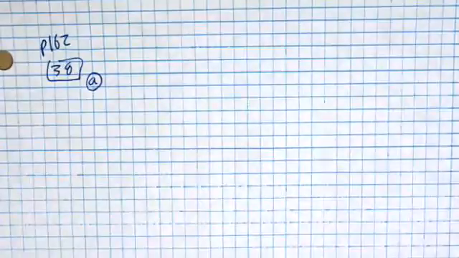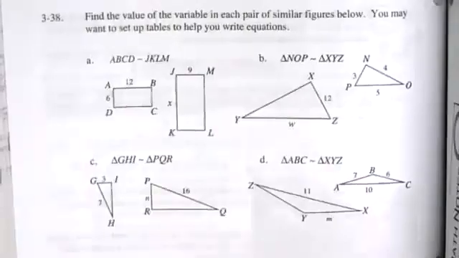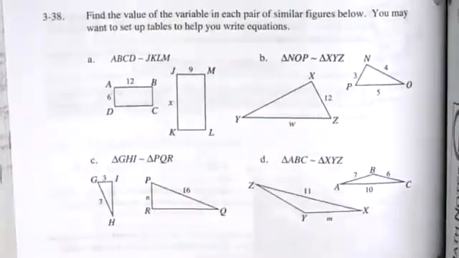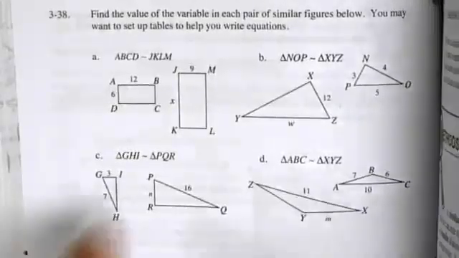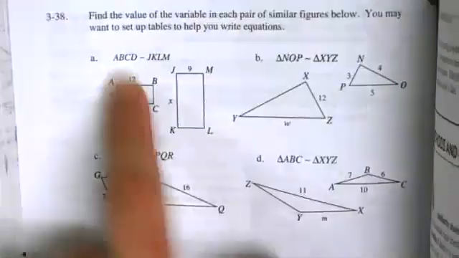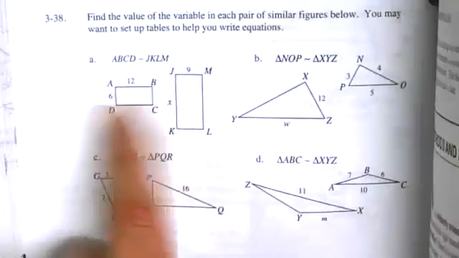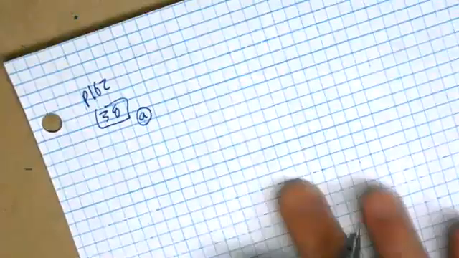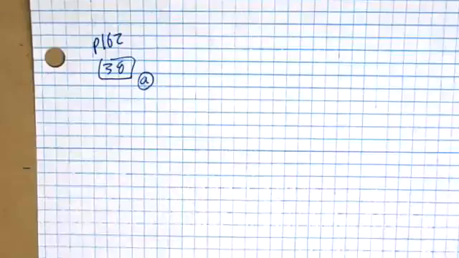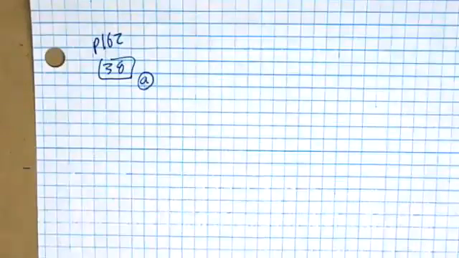Notice that in part A the two rectangles are not oriented the same way. So make sure that when you draw them, you spin one of them so that it's facing the same way. You can either make them both standing up tall and skinny like this one, or you can make them both short and wide like this one. But make them so they're facing the same direction. This is on page 162, number 38. I just want you to do part A right now.